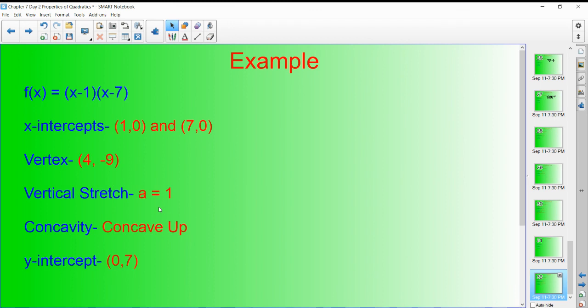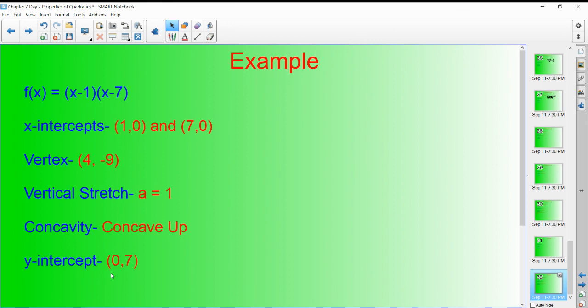If we know what x squared looks like, this is going to have the same stretchiness as x squared, which we'll talk about in the next lesson. This graph opens up because a is positive. I could put 0 in for x and solve for y and get a y-intercept of (0, 7). So this form is best at finding the x-intercepts, and we can still find the vertex.